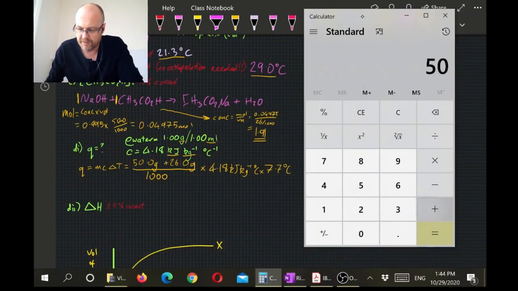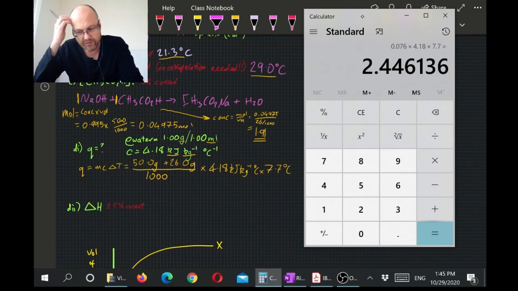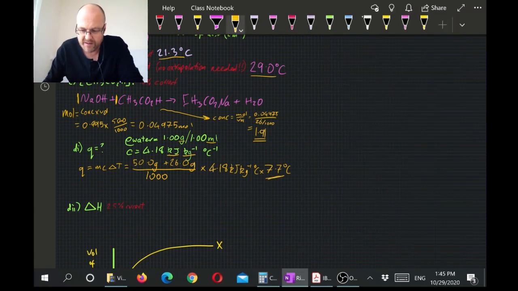So 50 plus 26, divide by 1,000 to get it into kilograms, multiplied by 4.18, multiplied by 7.7. Okay, 2.44. Now I've got one sig fig here, two significant figures on 7.7, 2.4 kilojoules.